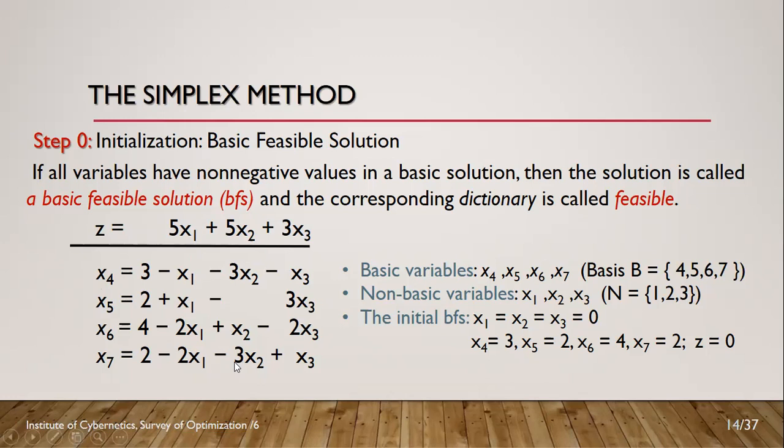Here we can see that the increase of x sub 2 by 1 unit would be infeasible because we get a negative solution, but we defined our variables as non-negative, meaning that we cannot do it because we get into the infeasible region.